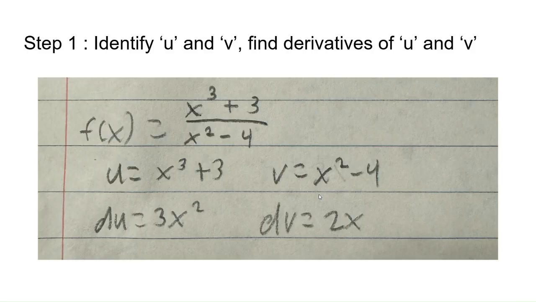So in this case, x cubed plus 3 is our u. And then the derivative of that using the power rule would be 3x squared. And furthermore, our v would be our denominator, our factor that's in the denominator. So in this case, it would be x squared minus 4. And finding the derivative of that, we'd find the dv, which is 2x.